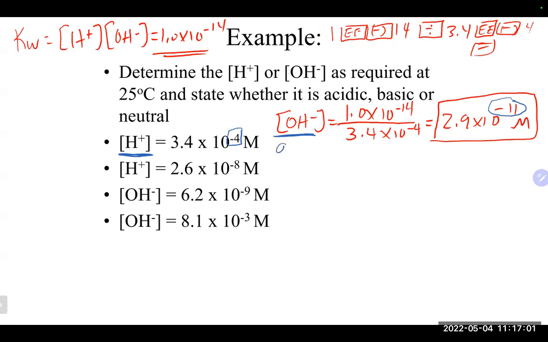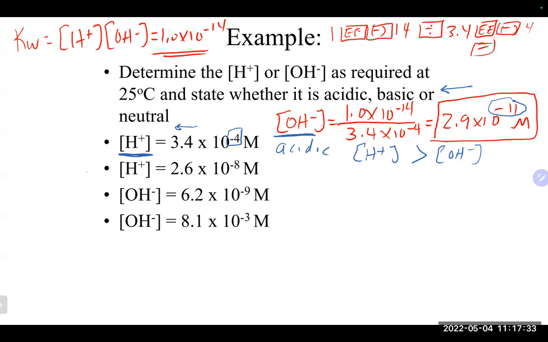So this solution would be acidic because the H plus is greater than the OH minus. Also important to remember that the negative is important there, right? Because negative 4 means we're going 4 places that way and putting zeros. Negative 11 means we're going 11 places that way and putting zeros. So when you have a negative exponent, the smaller negative number is the larger actual number. Any questions on that there?